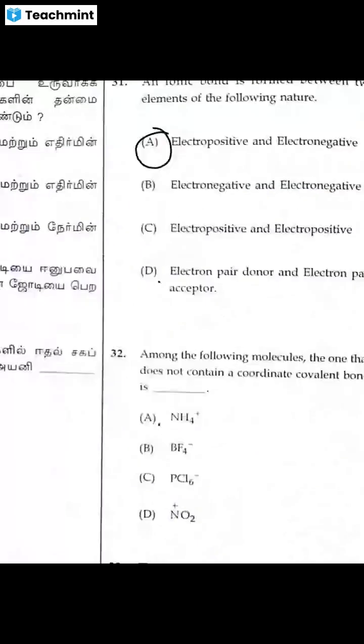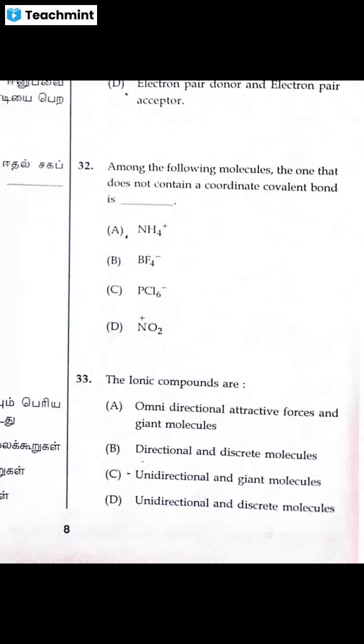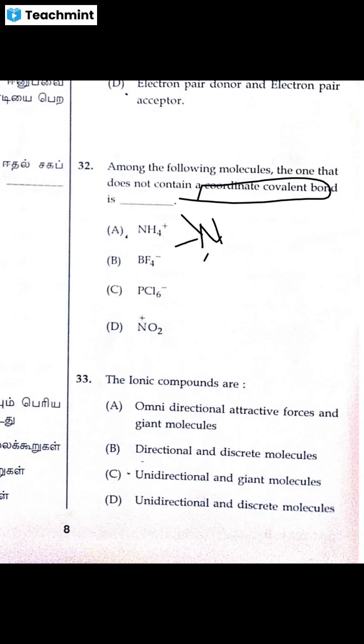The next one: among the following molecules, the one that does not contain a coordinate covalent bond. The first one, the ammonium ion, has a coordinate covalent bond. Boron tetrachloride also has one coordinate covalent bond. And the NO2 molecule has a single bond to one O and a double bond to the other, so that also has one coordinate covalent bond.